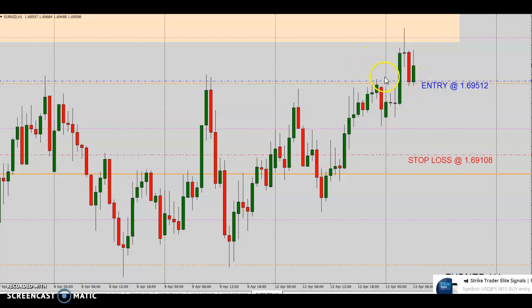Also, during this hour and a half, I discovered this resistance zone, and as price got into that zone, I noticed here is another sweet spot. This one, though, is a 69.75.